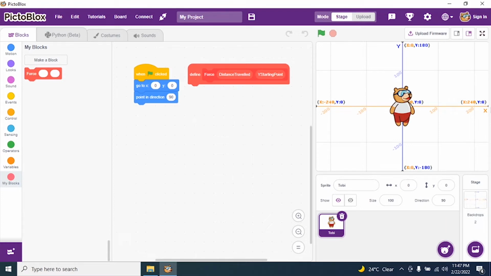So x is horizontal and y is vertical, and my Toby is in the center of the x and y axis, that is 0 comma 0, x 0 y 0. Towards the bottom we have negative values, y minus 180, and towards the top, y 180, it is positive.